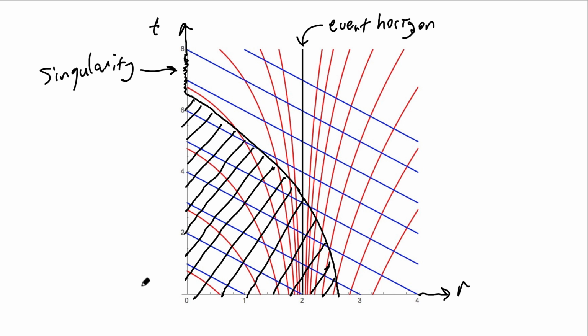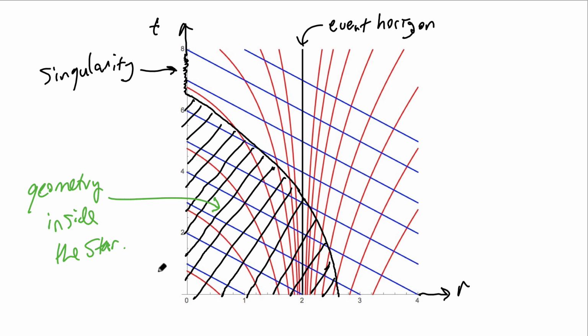What I'd like to do next is spend a little bit of time talking about a model for the interior geometry, for the solution in the interior of the star. Now, the Einstein equations are much too complicated to solve analytically for any realistic model of the star's interior.